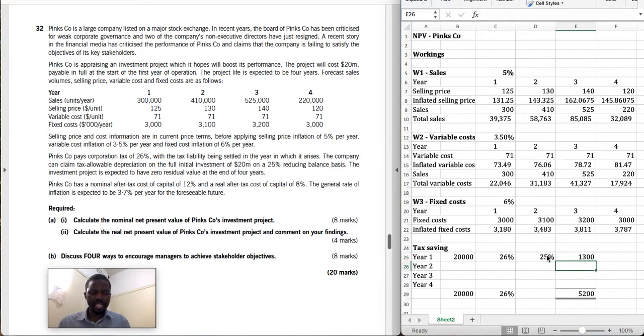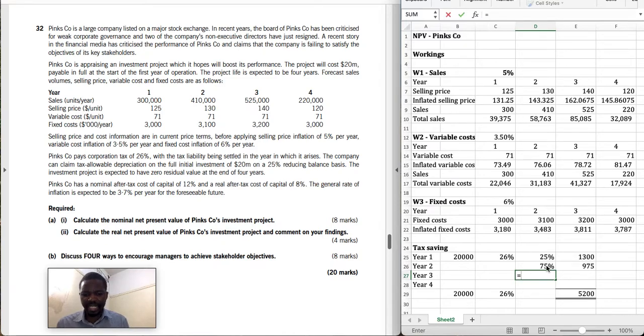Then we get 1,300. Then for year 2, we will say 75% of year 1, as this is the reducing balance method. We say 75% of the saving for year 1, we get 975.